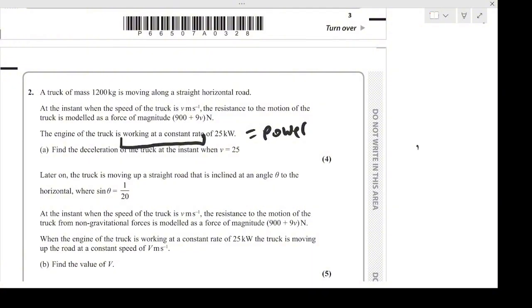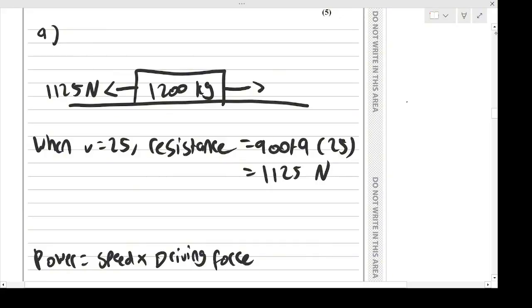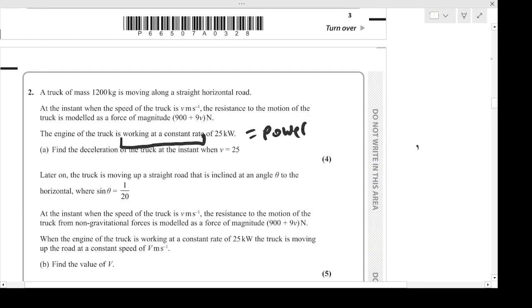The rate of work is power. Okay, so there we are. So we've got power involved, and remember the formula for power is speed times driving force. Okay, so because there's power involved, therefore driving force must also be involved, so a force acting forwards. Okay, so as I said, the power then is 25 kilowatts, but we need that in watts.